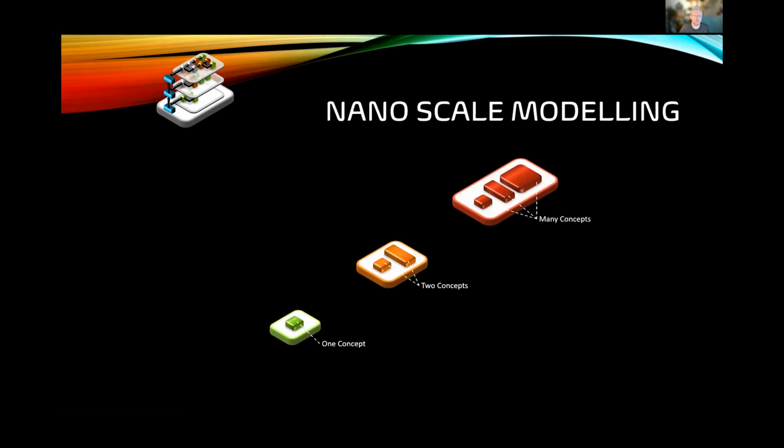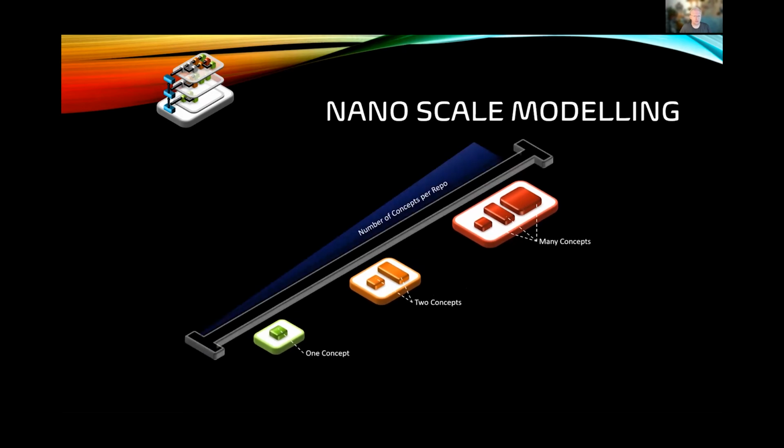So if you are comfortable that we may represent one or multiple concepts in a data structure, and then there's a spectrum in between those points, we can start to understand that the types of information that we want to put in these structures may vary. So the nano scale of modeling is really about taking that repo and applying it to only one concept.